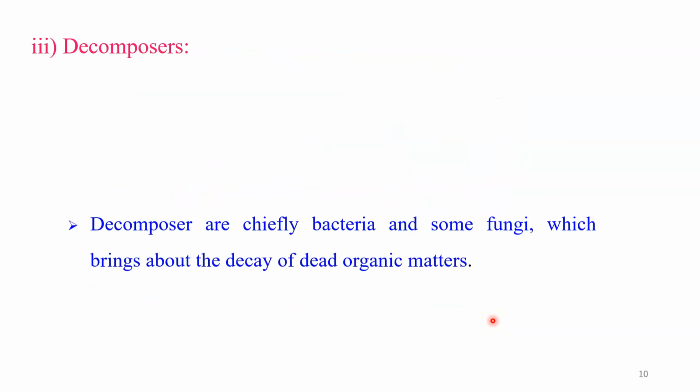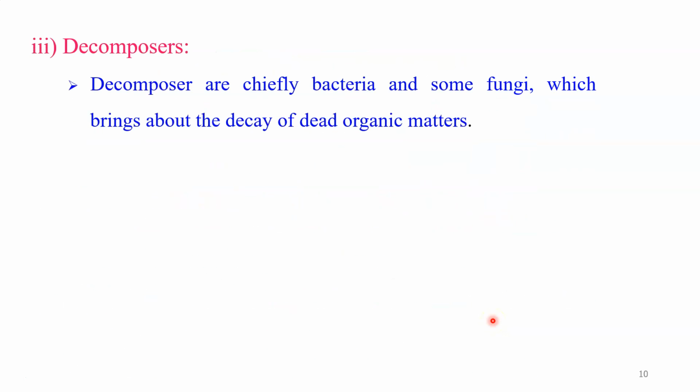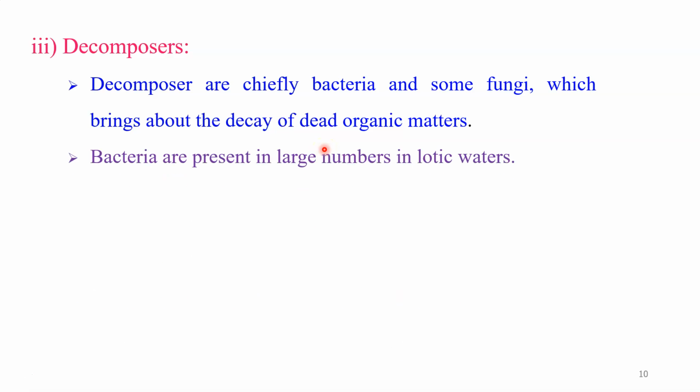Let's discuss the decomposers. The decomposers are also very important in every ecosystem. Here, in the river ecosystem, decomposers are mainly the bacteria and some fungi, which bring about the decay of the dead organic matter that we have in the river ecosystem.